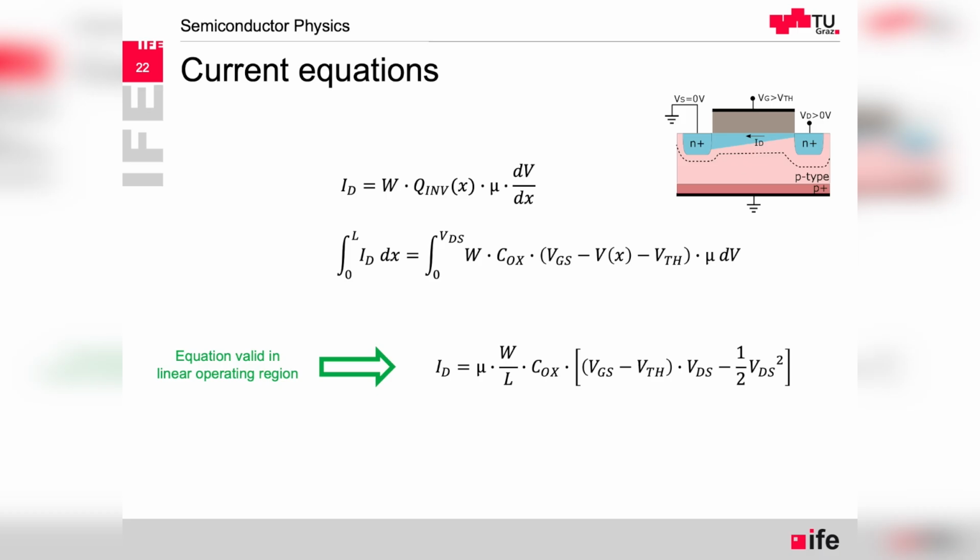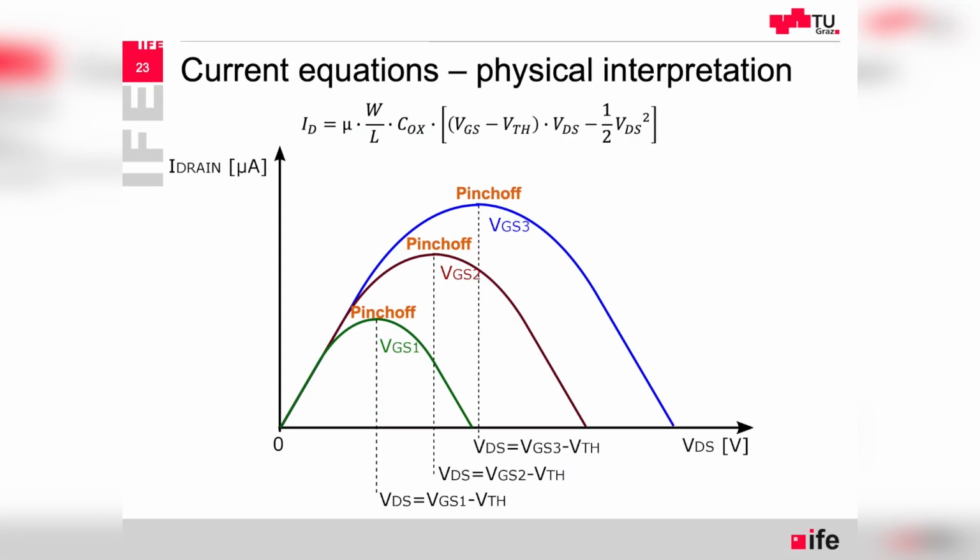So when we remember that, then the units fit, times the gate to source minus threshold voltage times VDS minus VDS square. And if we plot that, we would see such characteristics, which is, of course, non-intuitive. So the drain current, as a function of the drain to source voltage, would be parabolic. But it's not the case.